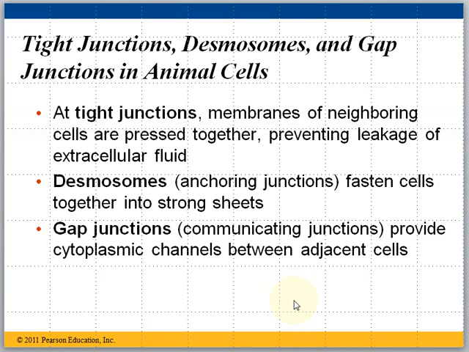This is more like driving a nail between cells, or a stapling or connecting the cells together. So a desmosome is more like a spot where two cells meet and they are anchored together. And then finally you have what's called gap junctions. Gap junctions allow for cytoplasmic material to be transferred between adjacent cells. And we'll take a look. I think there's a short video for each one of these.